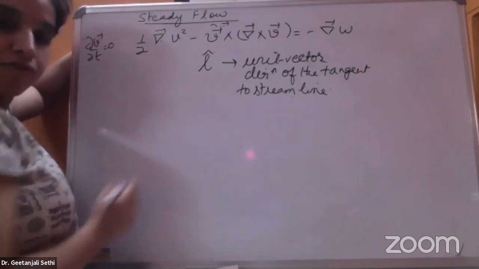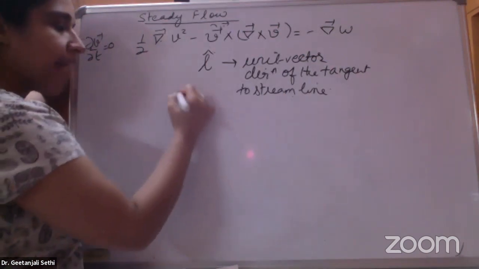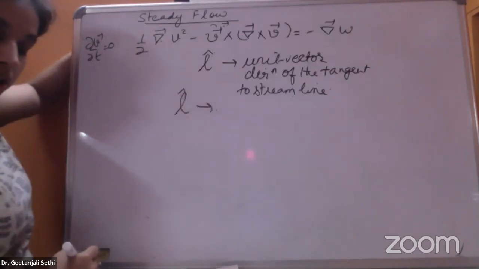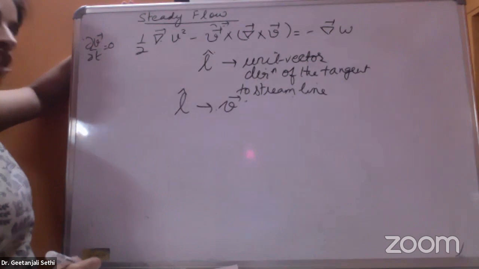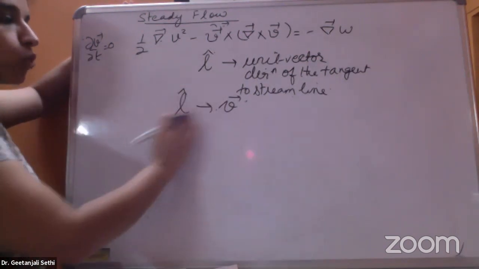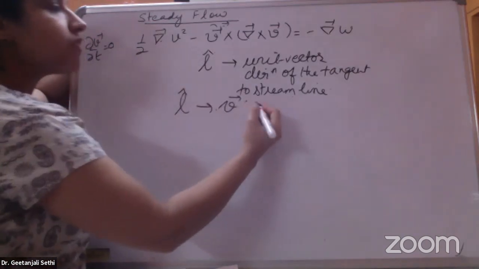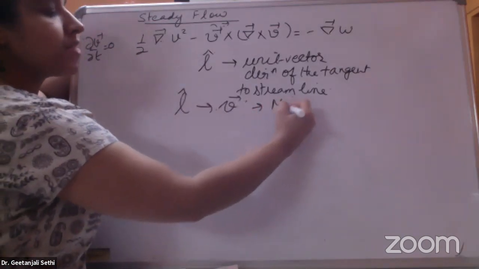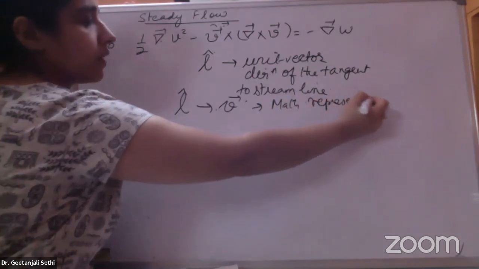Now, for a steady flow, what would this mean? This would mean that L cap would be in the direction of the velocity field for all times. For all times, the two will coincide, right? So that's another way to mathematically represent a steady flow.